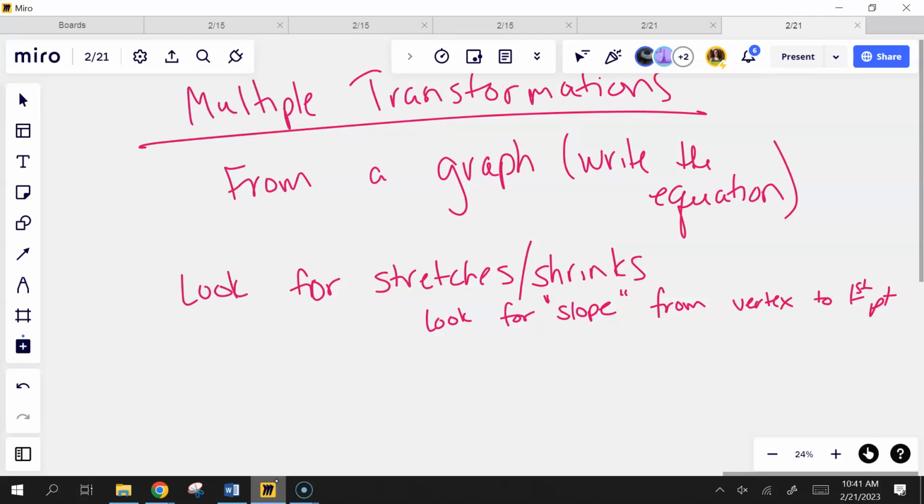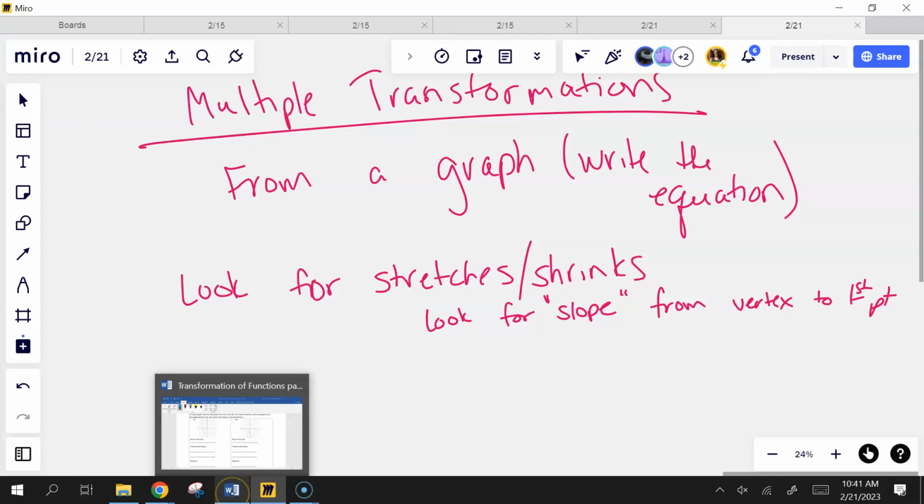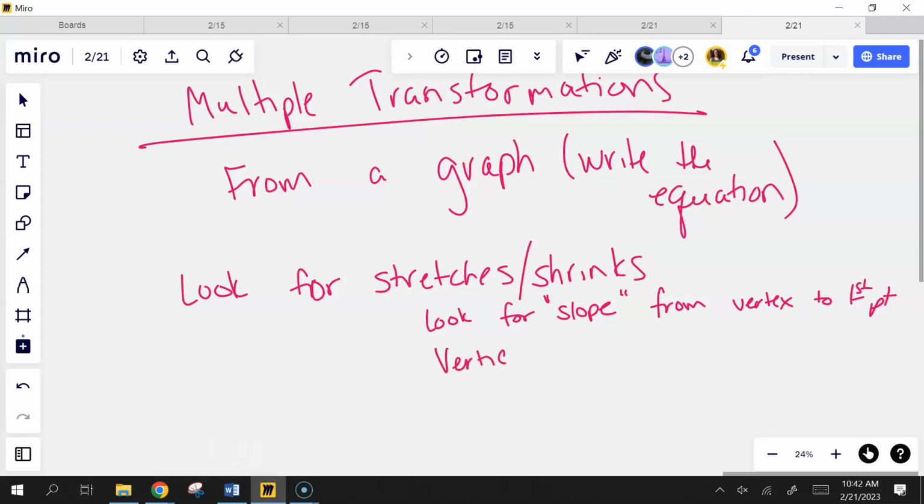This is just going to force me to call them all a vertical instead of a horizontal, and that's okay for right now. Looking for the slope, because that'll just go in front. But remember, every vertical stretch is the same thing as a horizontal shrink, and every vertical shrink is the same thing as a horizontal stretch.